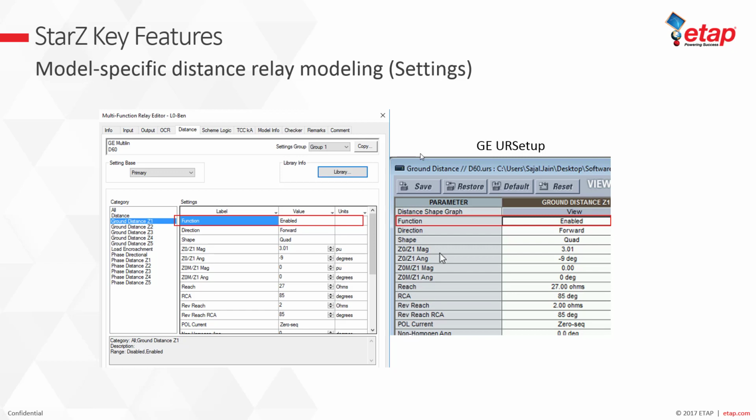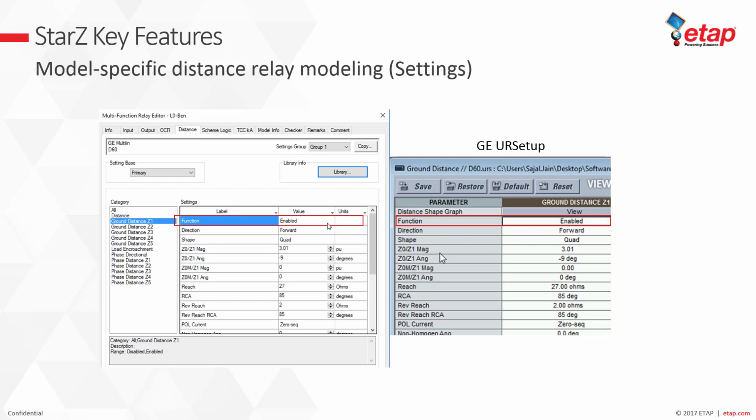Here is an example of a GE D60 distance relay. As you can see, the settings that users face in ETAP on the left-hand side in the ETAP relay editor match the same settings in GE UR Setup, which is a software to set GE UR relays. In the ground distance element, we have functions with a drop-down list with the enable/disable settings, and you're going to have the same drop-down list with enable/disable.